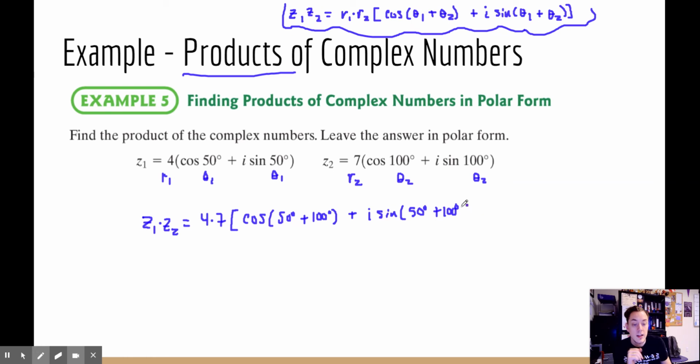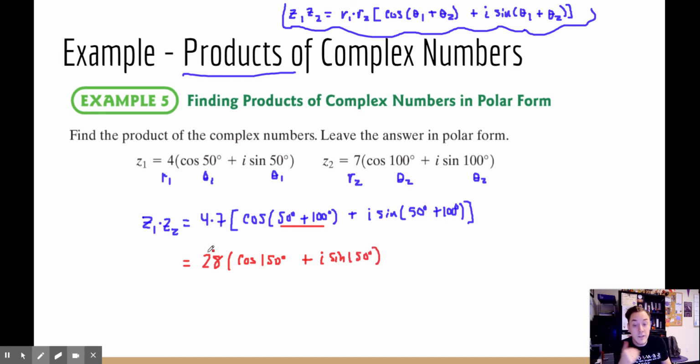That's theta sub 1 plus theta sub 2. So it is literally that simple, nothing too fancy at all. And then I'm just going to be simplifying it out. So 4 times 7, of course, is just 28, and then cosine, and this will become just 150 degrees, plus i, and then sine of 150 degrees.